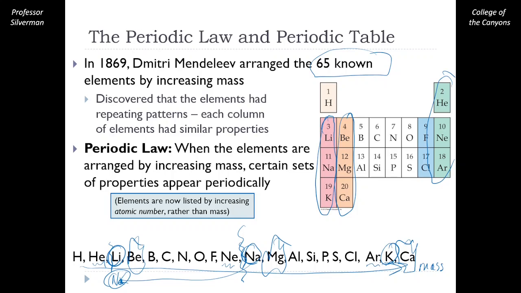Helium and neon and argon are all non-reactive gases. We call this a periodic law. If we arrange our elements in this two-dimensional chart, we end up with columns that form nice families, that form periodic trends and columns that behave similar to each other.